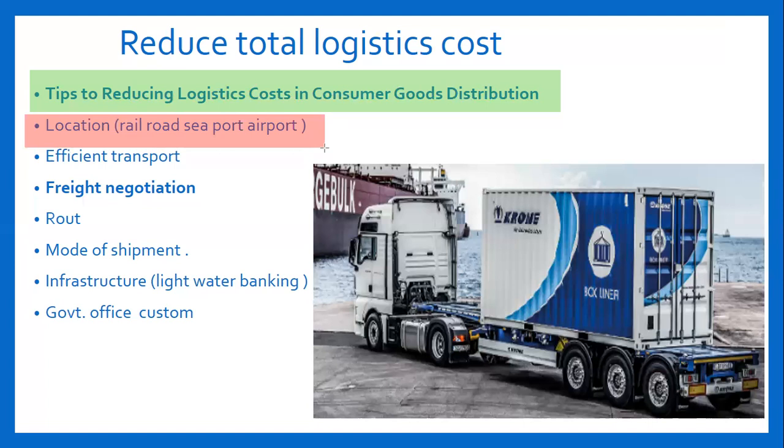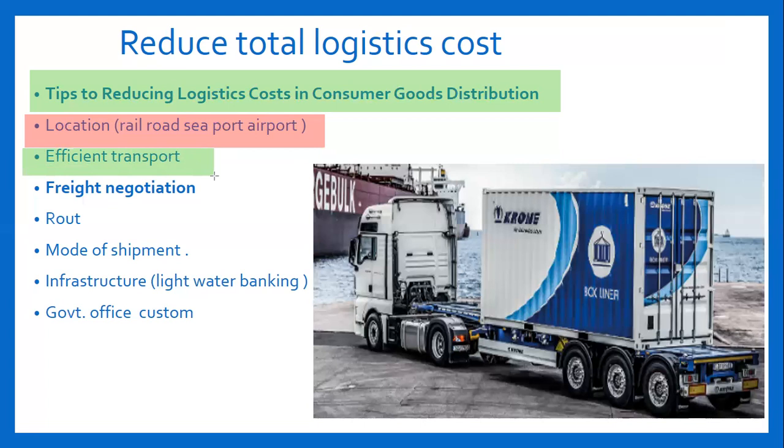Okay, now the next point is efficient transport. Efficient transport means the transport which provides the best services. Efficient transport means the transporter has good new trucks which can carry the goods on time. Sometimes transporters have old trucks which break down on the way, and our shipment will be delayed, and it will impact the timeline of the customer.